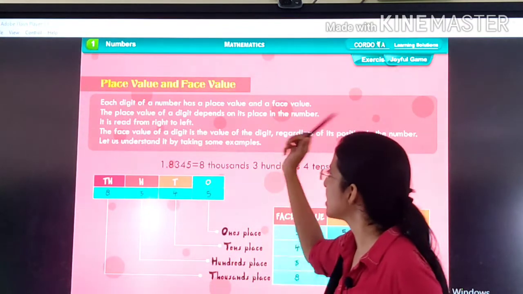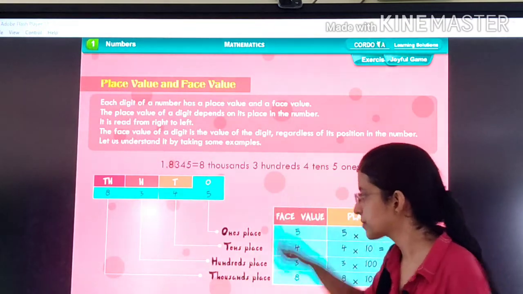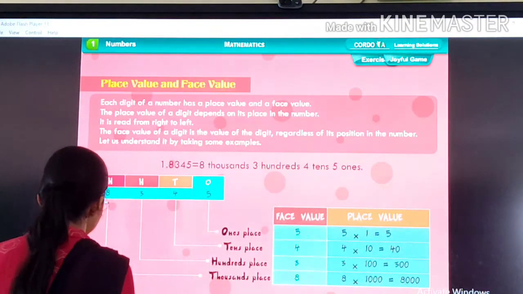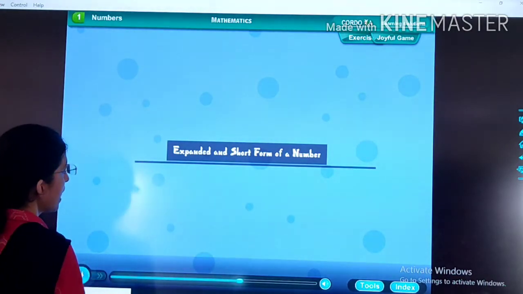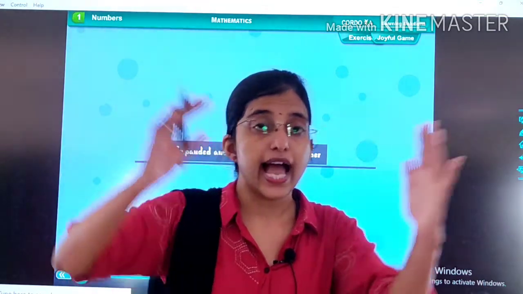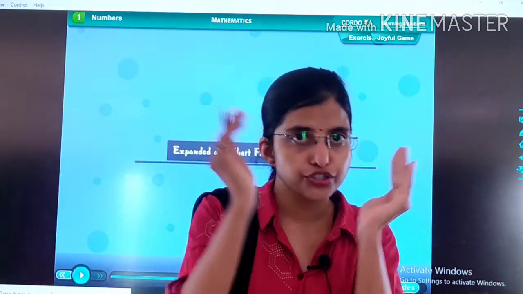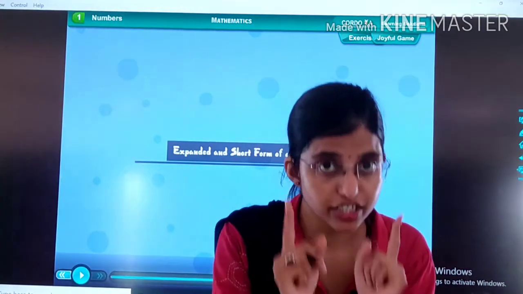Let us understand by taking some examples. Okay, we understood this. Now, let's move ahead. Expanded and short form of a number. ये हम exercise 1 में कर चुके हैं.